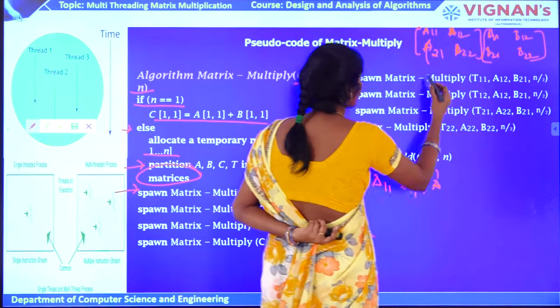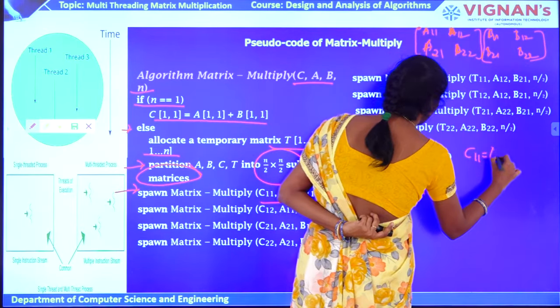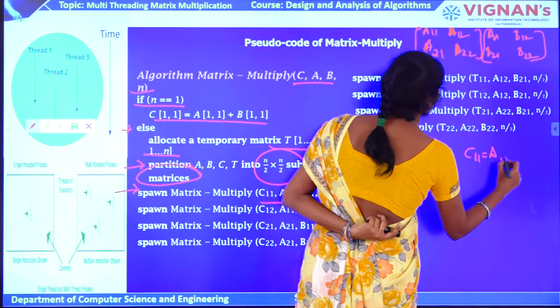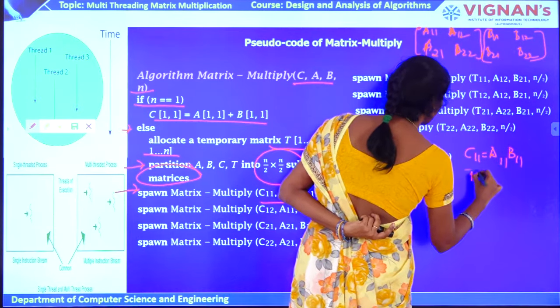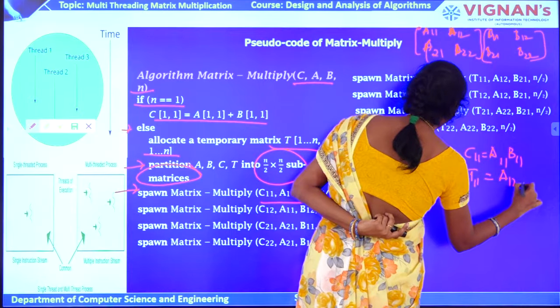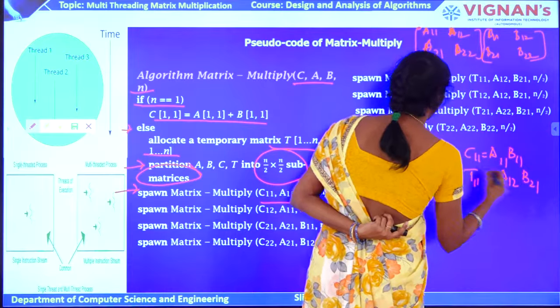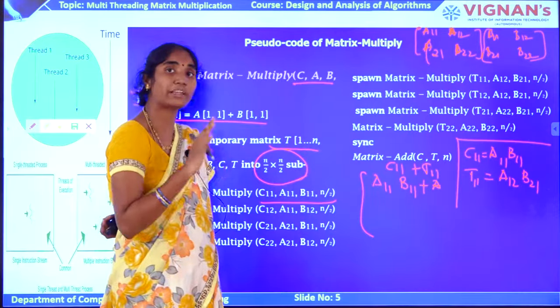So what is your first C? C11 is A11 into B11, whereas T11 is equal to A12 into B21, right. If you remember these two, then it is very easy for you to write the algorithm.